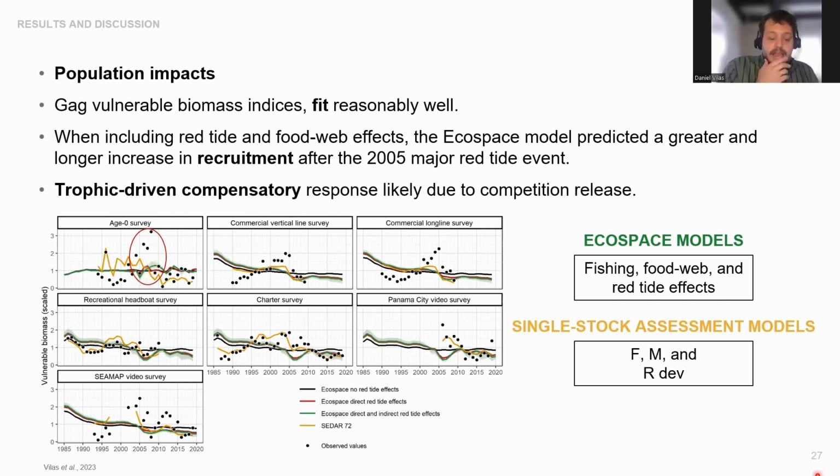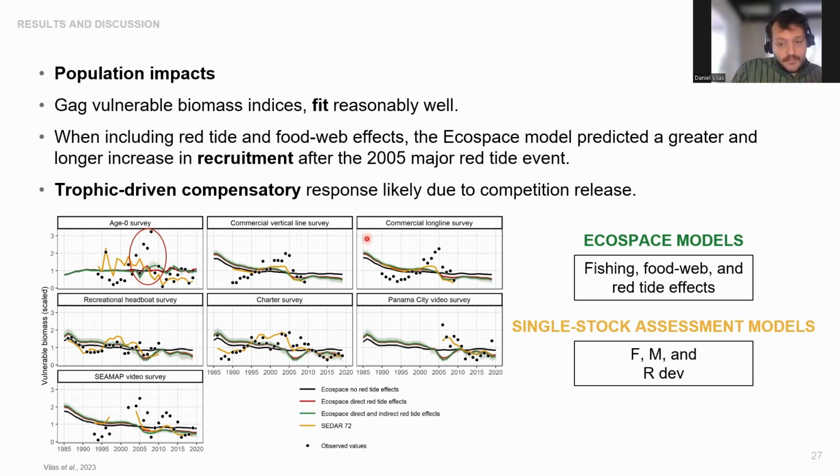This may suggest some kind of trophic-driven compensatory response, likely due to the competition release from applying the mortality to the whole food web, you are releasing competition with other functional groups.